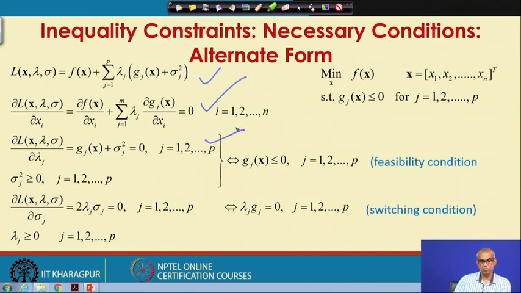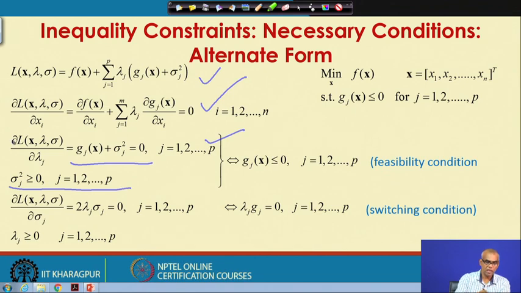This represents the derivative of the Lagrangian function with respect to the Lagrange multiplier, which will be equal to 0, and this derivative gives you g plus sigma square equal to 0, and the restriction on sigma square is that it has to be greater or equal to 0, and that is why we take sigma square instead of sigma.